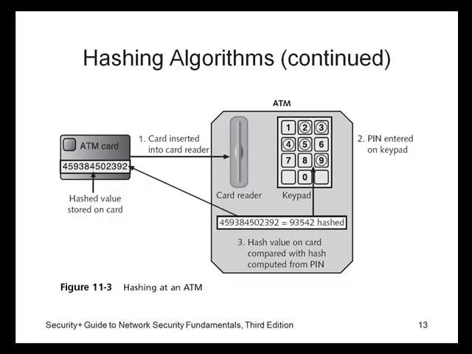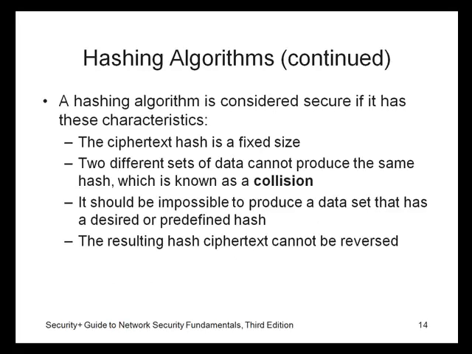So we're hashing, and this is one of the things that a hash does. It's considered secure if it has these characteristics. That cipher text hash is a fixed size. Two different sets of data cannot produce the same hash. This is known as a collision.